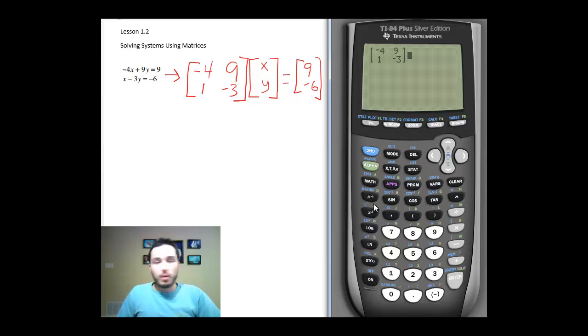We've input one matrix into our calculator, but obviously this 9 and -6 are still pretty important, so we're going to get those in just a second. But part of the solving process that we just need to know, because that's the way the calculator does it, is after you put this first matrix in, immediately after, outside of the matrix here, you're going to push this x to the -1 button right here.